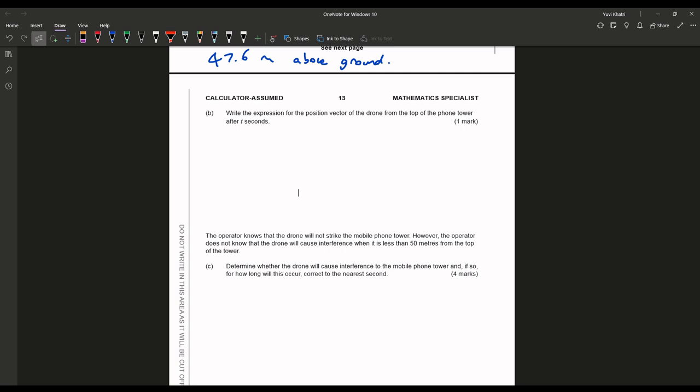So part B wants the expression for the position vector of the drone from the top of the mobile phone tower after t seconds. So that means that if OT is the tower and OD is the drone, the question wants TD. That's going to be the position of the drone, take away the position of the tower.